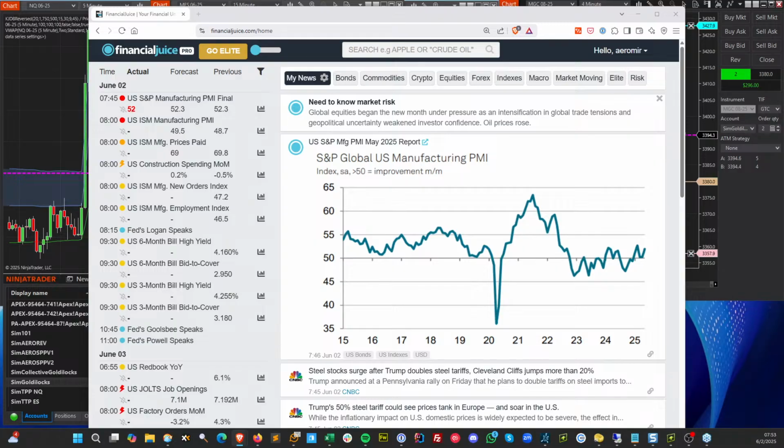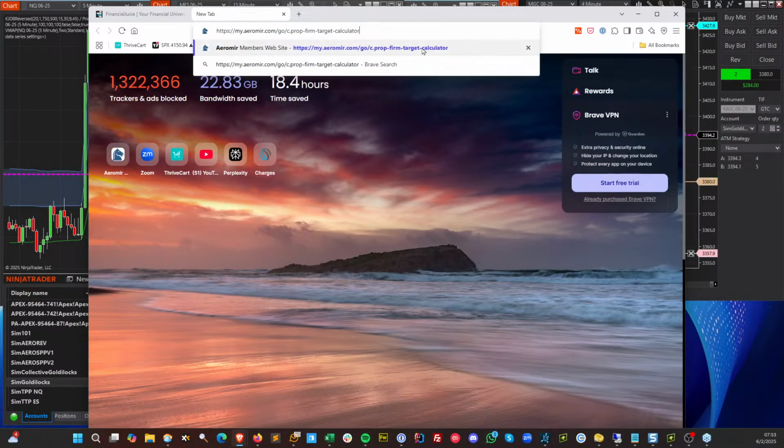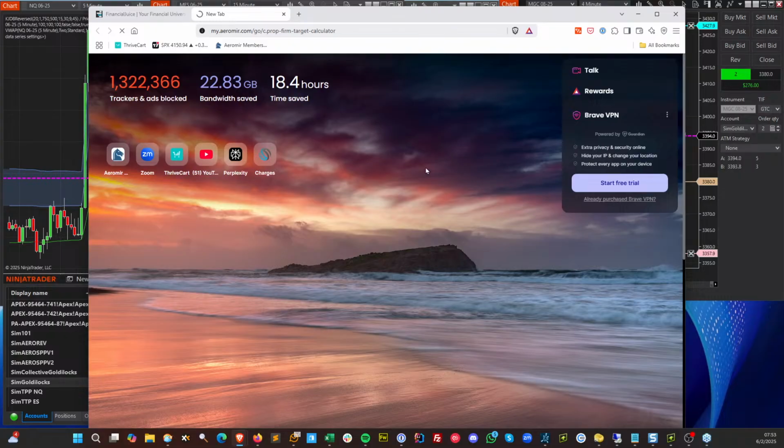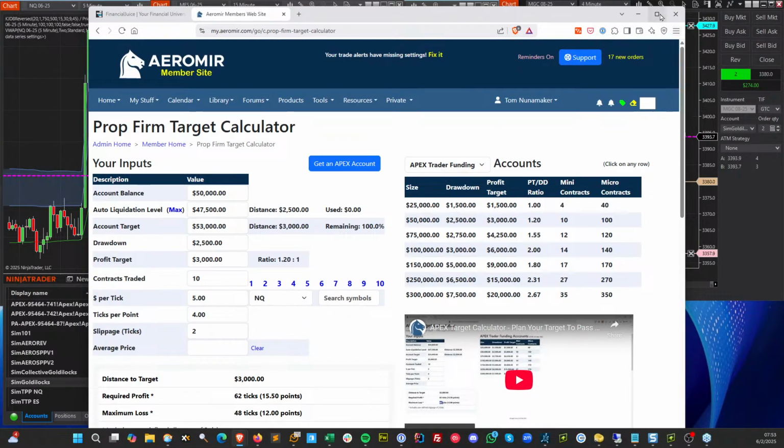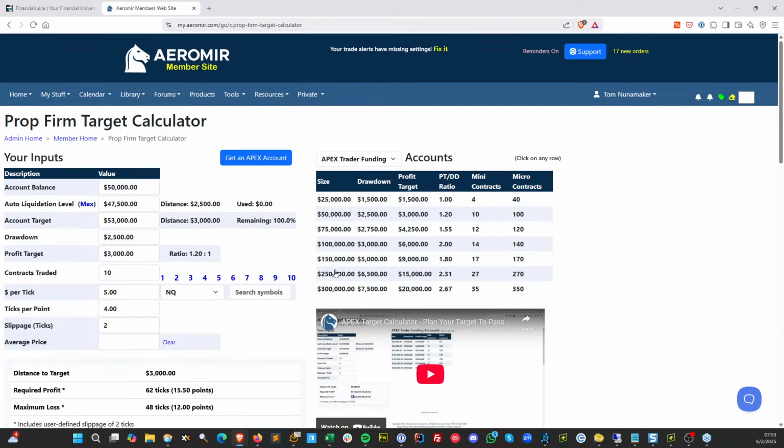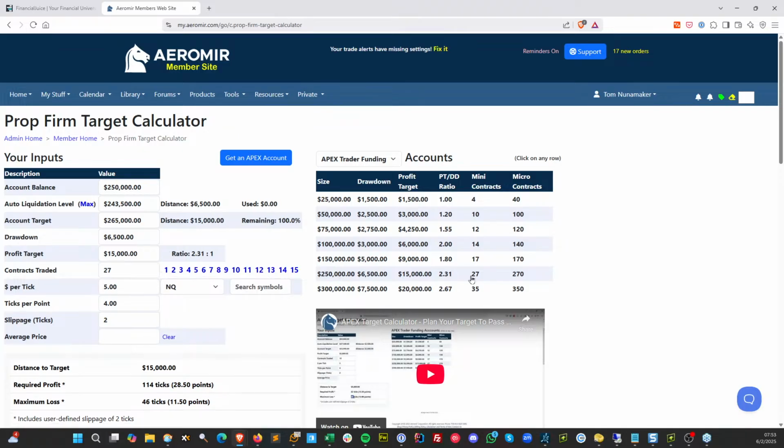But so I have a tool that I use quite a bit. It's this platform target calculator. Show you how that works. So you can pick different, I've got 5 different prop firms. So this is an Apex account. You just click on the row you want, so it loads all the 250 stuff. I'm looking at my Autotrader.